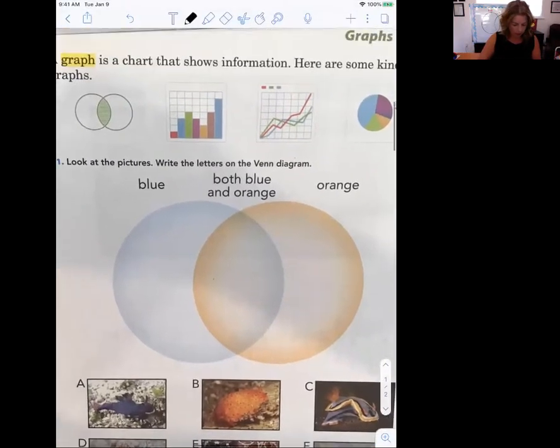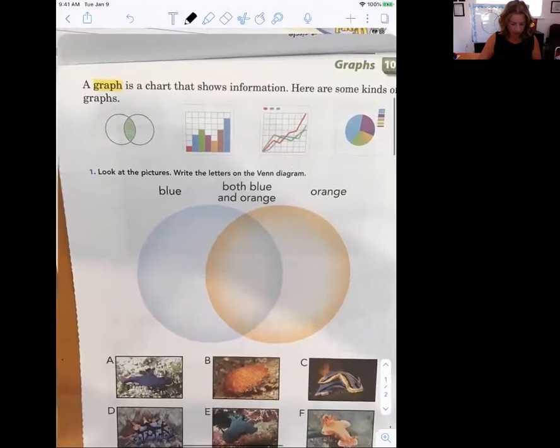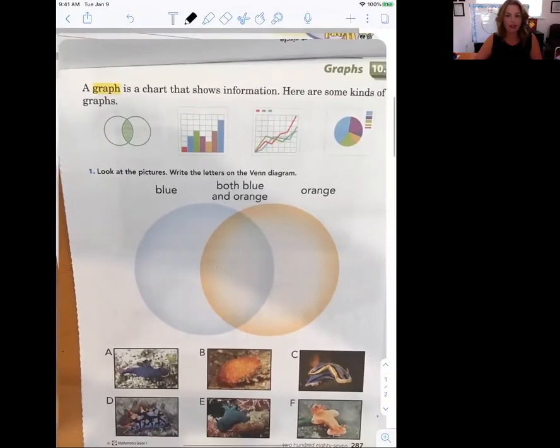Now we're looking at the paper. And again, here is the definition of a graph. At the top, it says, a graph is a chart that shows information. And here are different kinds of graphs. Remember, I told you there are different kinds of graphs. So we've seen this one. This is a Venn diagram, which is a kind of graph.